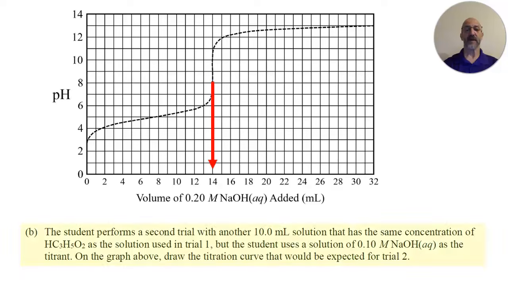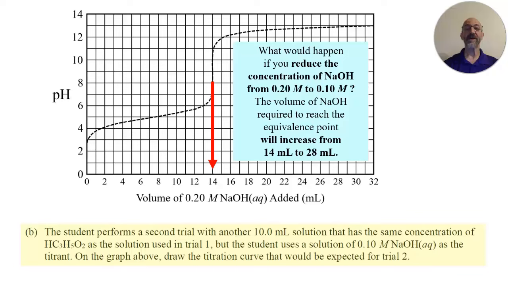So 14 milliliters was the location of the equivalence point for trial 1. What would happen if you reduce the concentration of sodium hydroxide from 0.20 molar to 0.10 molar? Well, if you reduce the concentration, then you're going to double the volume.